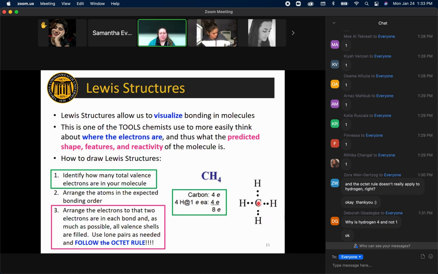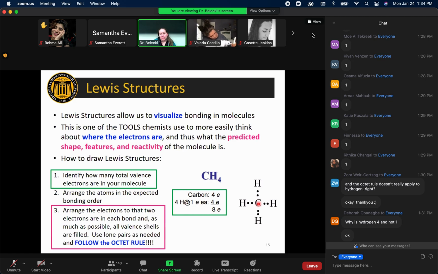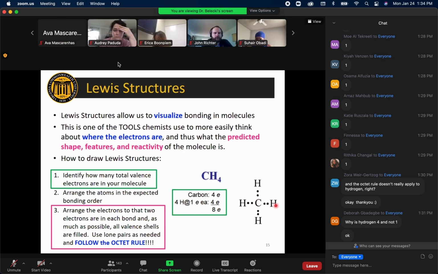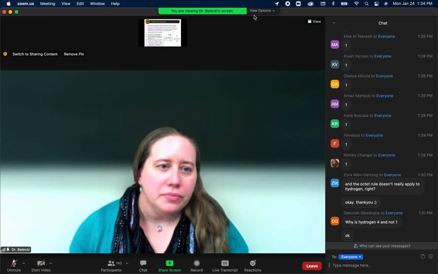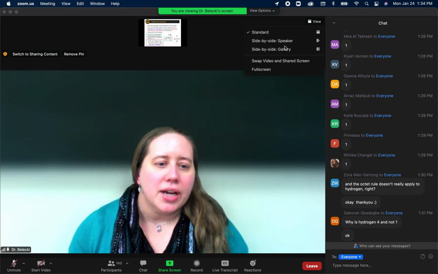And the carbon in the middle has 8 electrons that it's counting towards filling its octet or its valence shell. And so it has 8 electrons that it's sharing, but it still can count those towards fulfilling the octet rule. So we are golden. And this is a perfectly acceptable Lewis dot structure for methane. Okay, let's try some more.